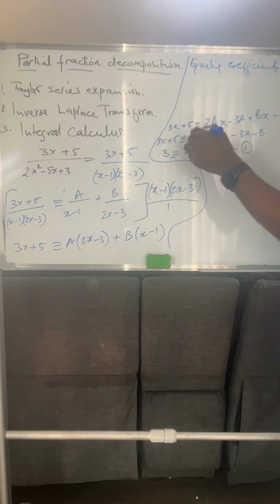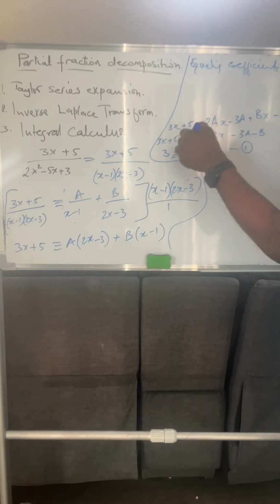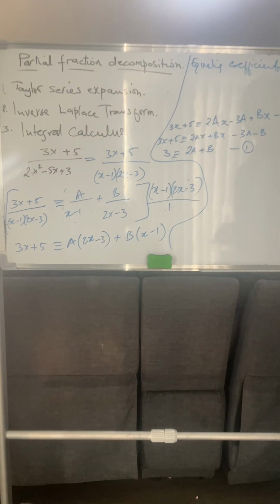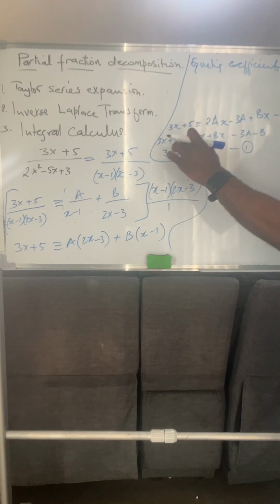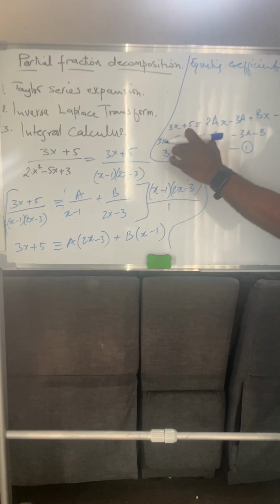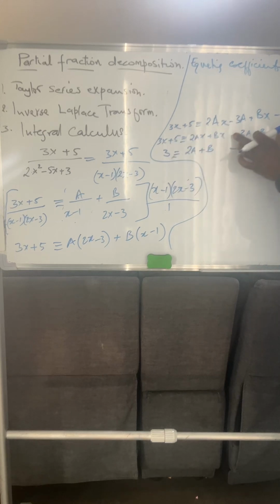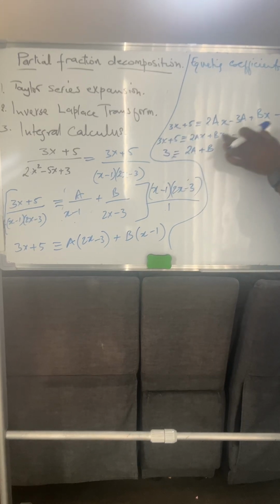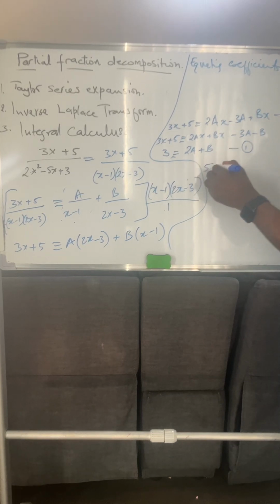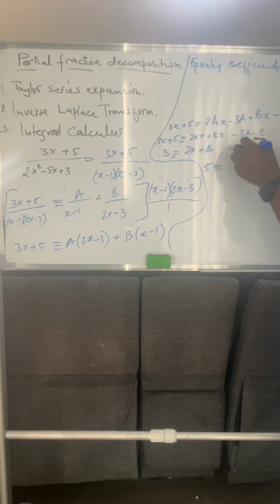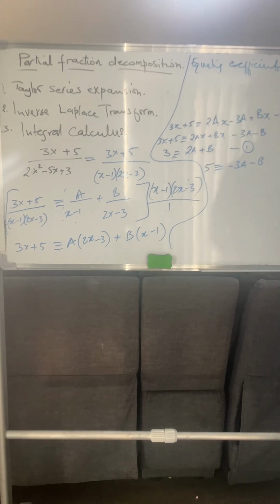And this is just an integer, without any x attached to it. So the 5 is equal to what is left without x. So 5 is also equivalent to minus 3a minus b. And this is our equation 2.